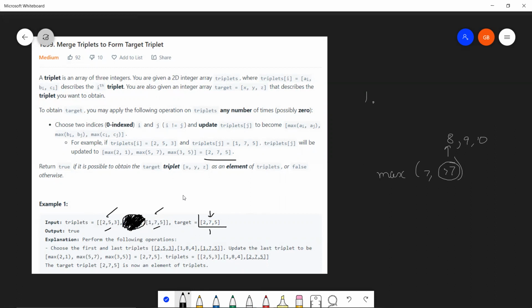After you filter out your viable triplets, you don't even need to take the max, actually, even though they're asking to take max.